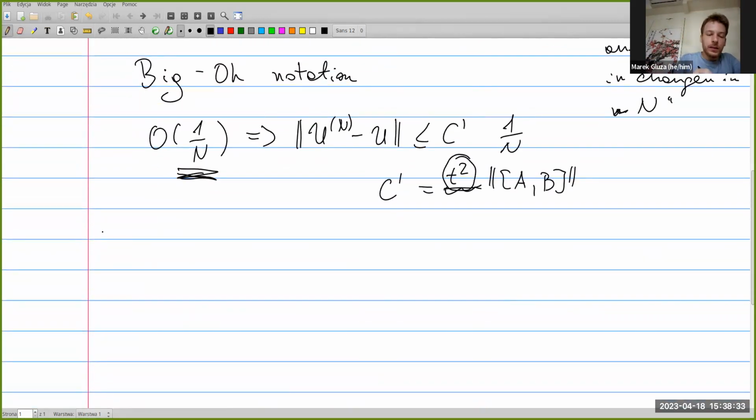So example number 1. Let's say I have a superconducting qubit, and then somehow I couple it to some drive.